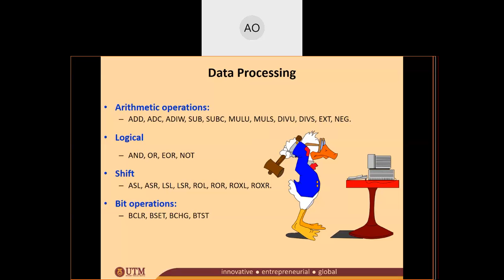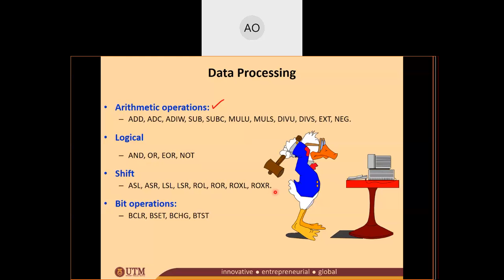For the data processing, you have 4 types of data processing. The first one is arithmetic operation, and then we have logical operation. The third one is your shift, which means that you're going to shift your data either to the right or to the left according to the instruction.